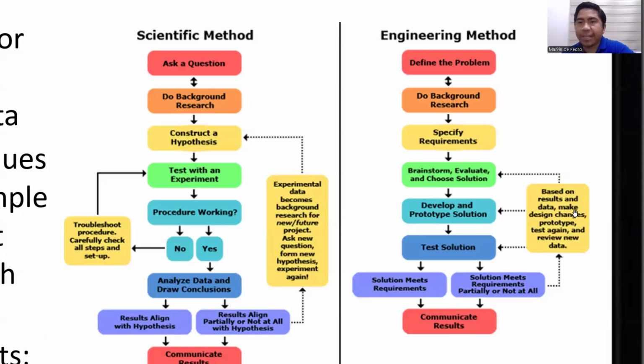Based on the results and data, we make design changes, either our design change or maybe our prototype must be reconfigured or rebuilt. Or maybe there's something wrong with our testing, so let's check. Then we review our data, and we do it repeatedly until our solution meets our requirements.